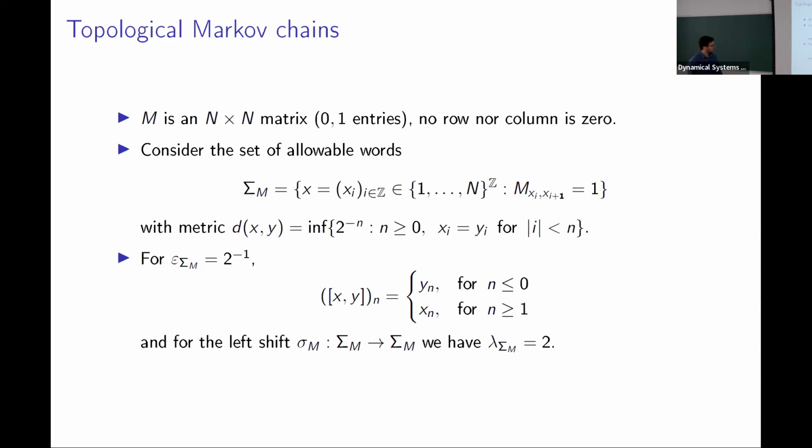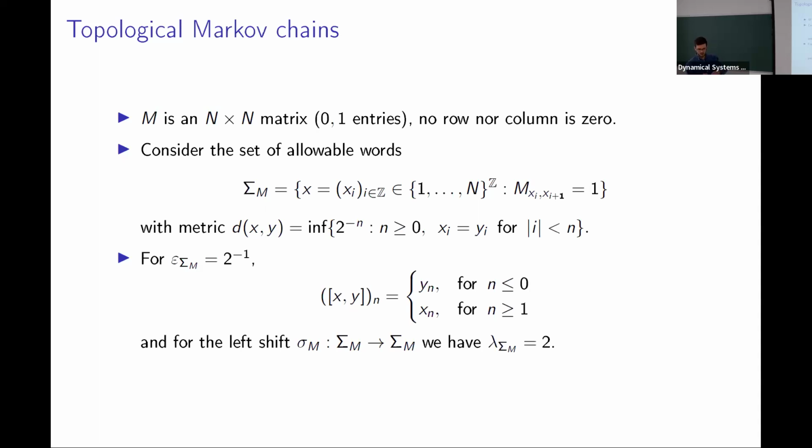And the bracket map here is the following. You can bracket x and y, bi-infinite sequences, whenever they are close, so whenever they agree at the middle part. The bracket of x and y is the following: you take the left part of y and the right part of x, and you concatenate.